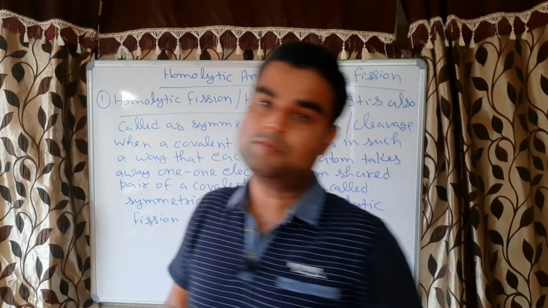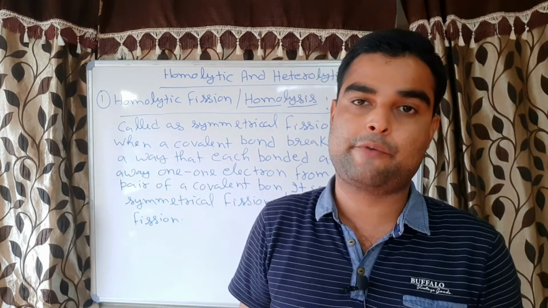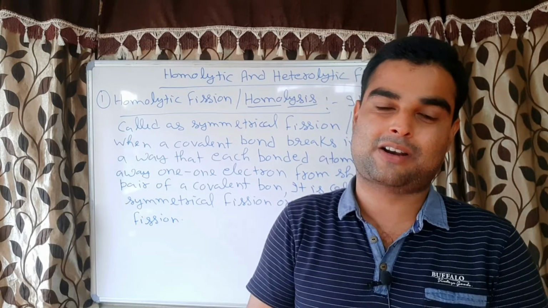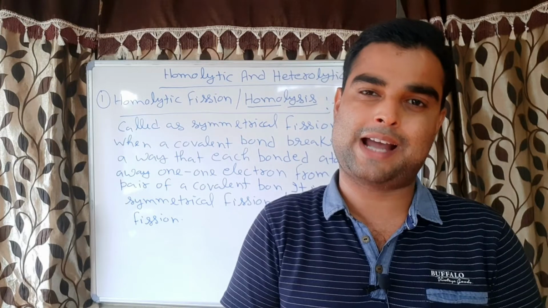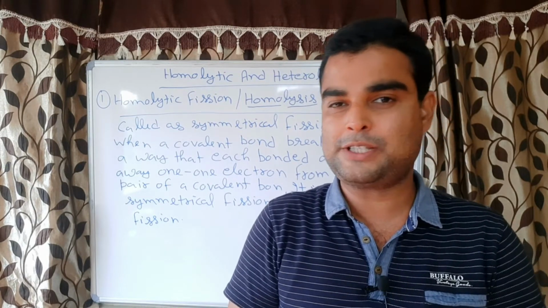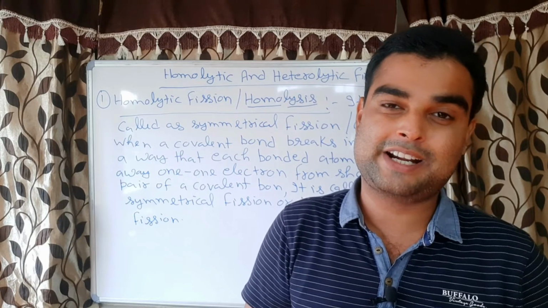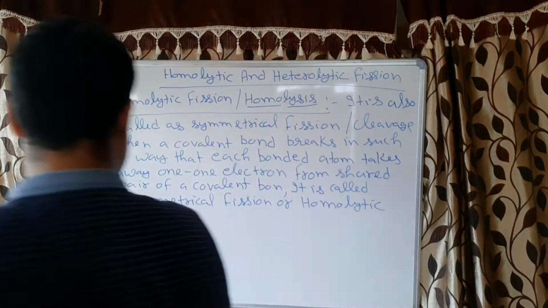Now, in homolytic fission, each bonded atom is taking away one electron, and to represent the one electron, the homolytic fission is represented by fish hook like arrow, because in fish hook like arrow there is only one-sided curve. One-sided curve represents one electron transfer, that I will explain here.